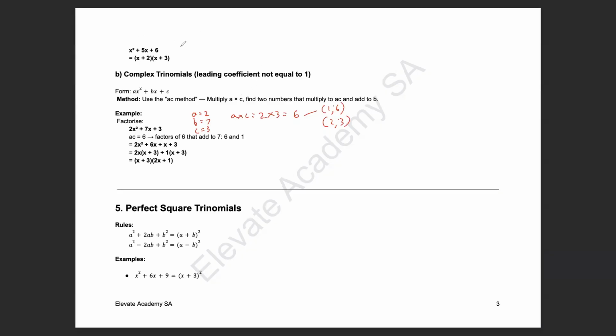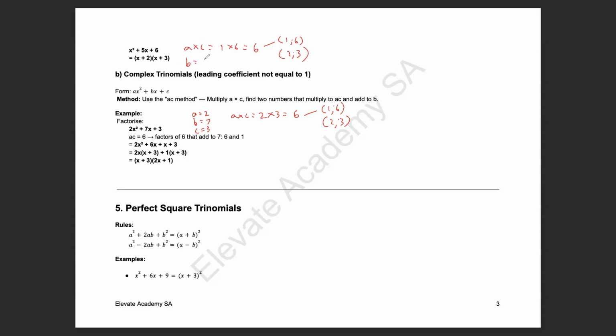So in this case, A times C is going to be 1 times 6, which is going to equal 6. And now we want the sum of the factors of 6. And we do know once again that the factors are 1 and 6 and 2 and 3. And we want the sum of the factors to equal our B value.